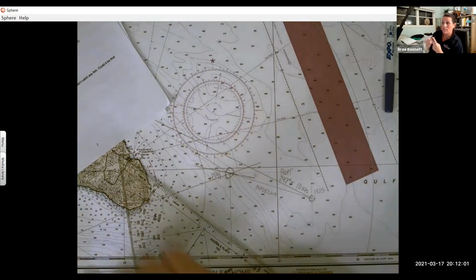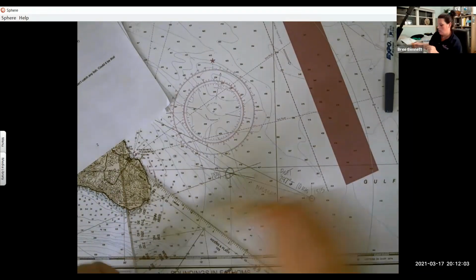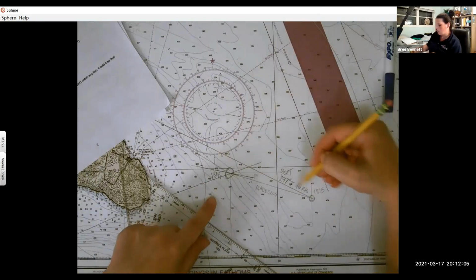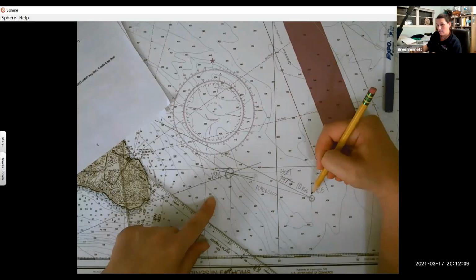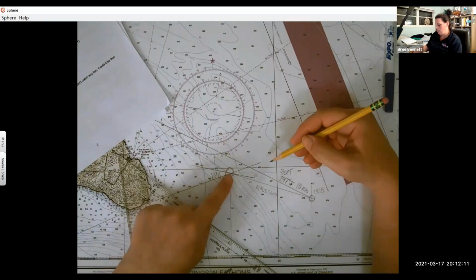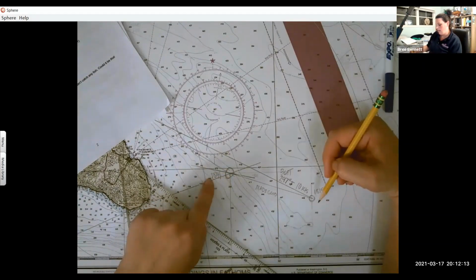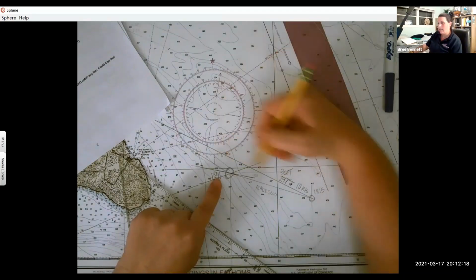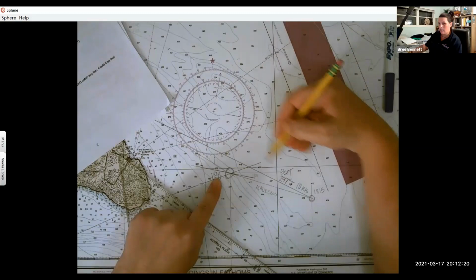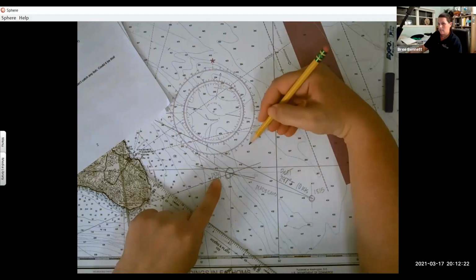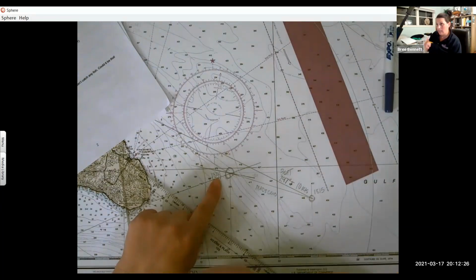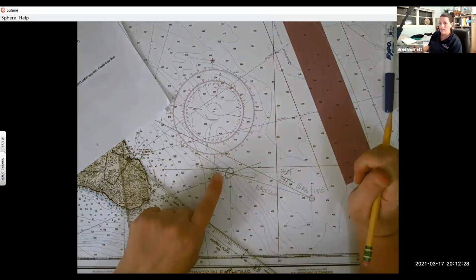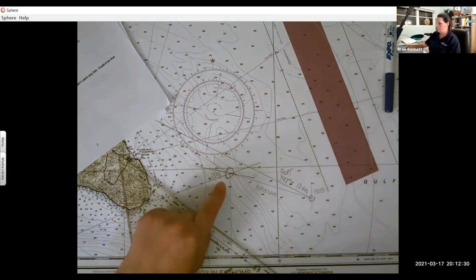It's just our course and our speed from our boat. So if we were going along here at 279 at 10 knots, but we ended up over here at 1841, what is our DR for 1841? I haven't calculated that yet. So 1815, where do I think I would have been at 1841?